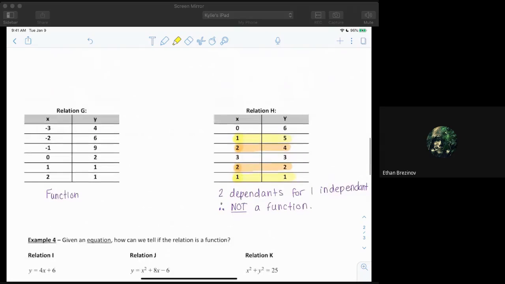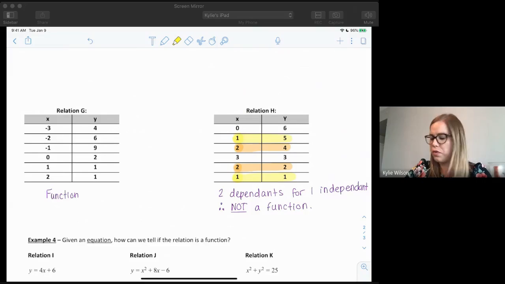Yep. So for a relation, the rules really don't apply. As long as I have a set of ordered pairs, you can have whatever ordered pairs you want, and that classifies as a relation.